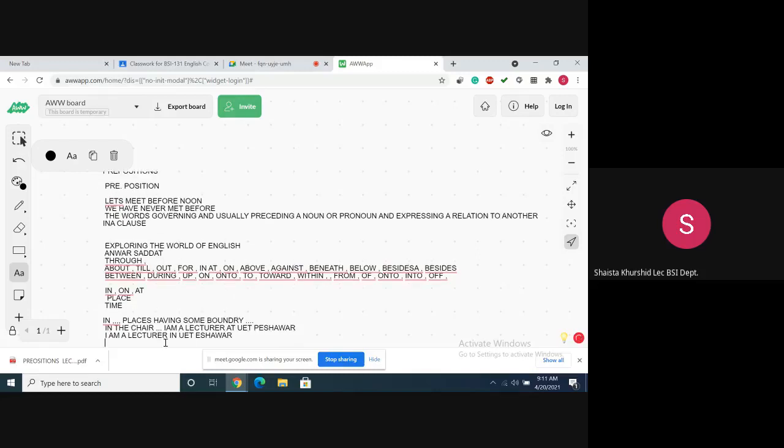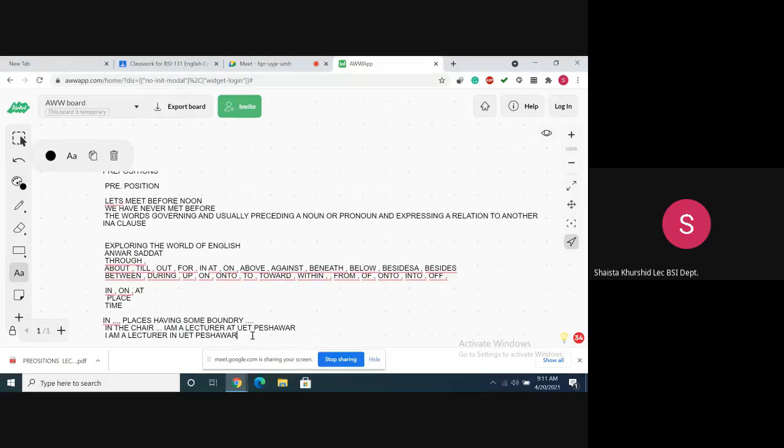So the difference is that if I'm a lecturer at UET, it means for a short period or precise time that I'm a lecturer over there. So I'm on visiting basis maybe, and I'm a lecturer in UET Peshawar. So I know that I'm showing the location or the place, but actually it shows the permanency as well. So if I say I'm a lecturer in UET Peshawar, I teach there permanently and I'm a permanent lecturer. So it's sometimes for the permanence as well.